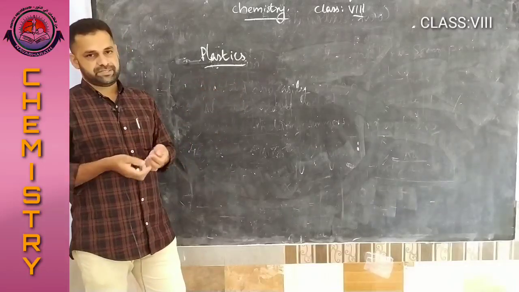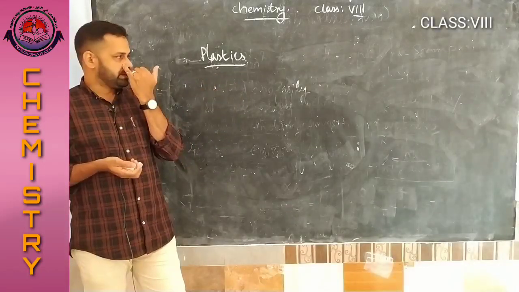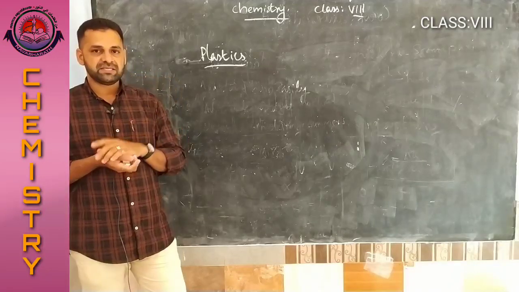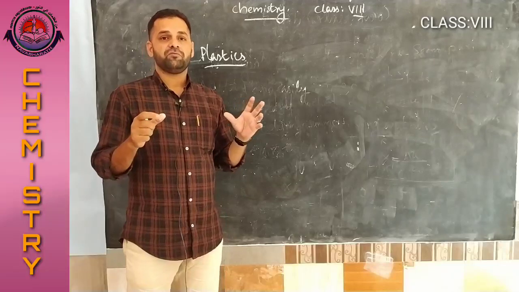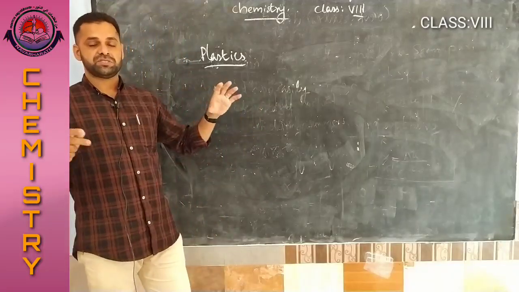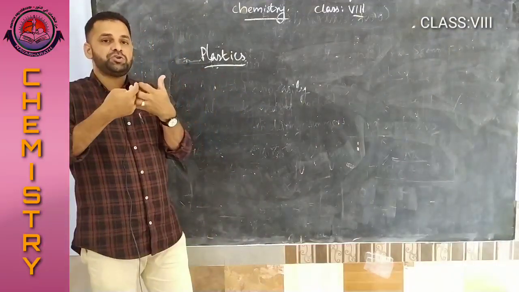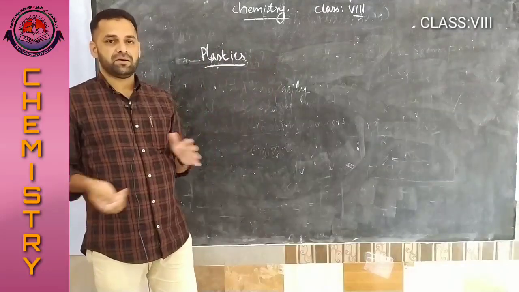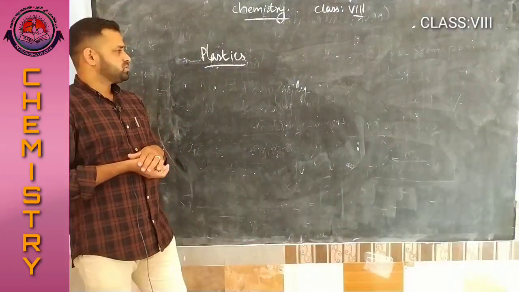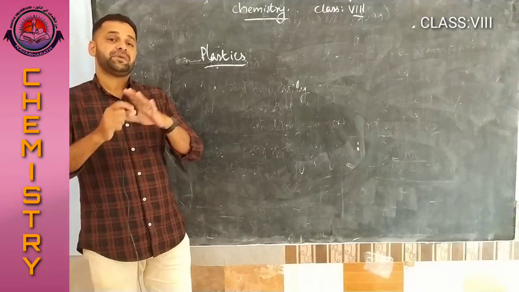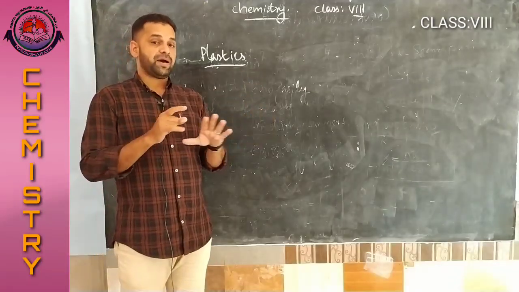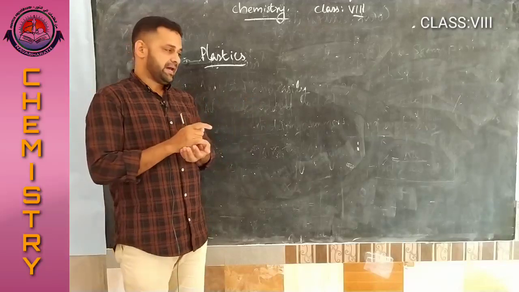So what are plastics? Plastic is a polymer. It is made up of a large number of smaller units. They combine end to end to form a big substance, that is called a polymer. All plastics do not have the same type of arrangement.